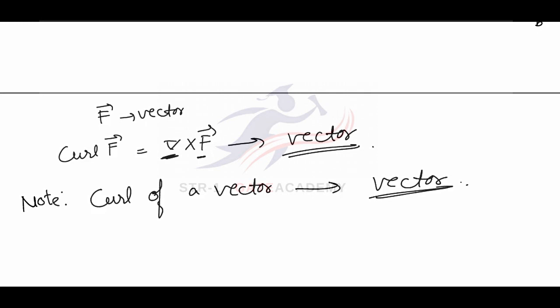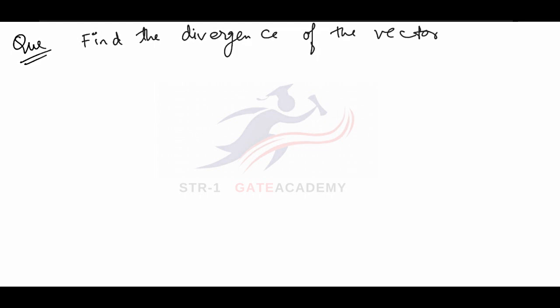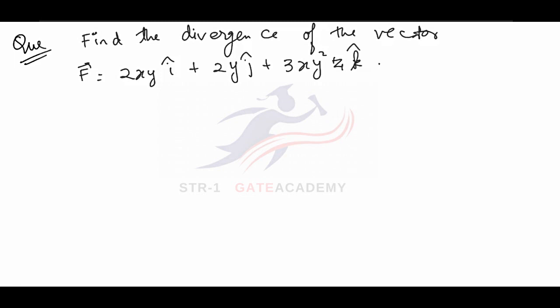Let us take: find the divergence of the vector, at point 1 comma 1 comma 1.